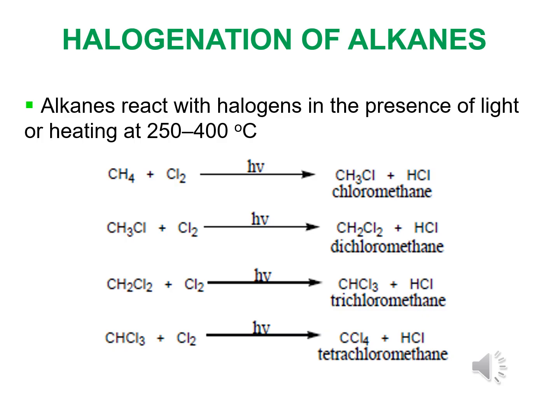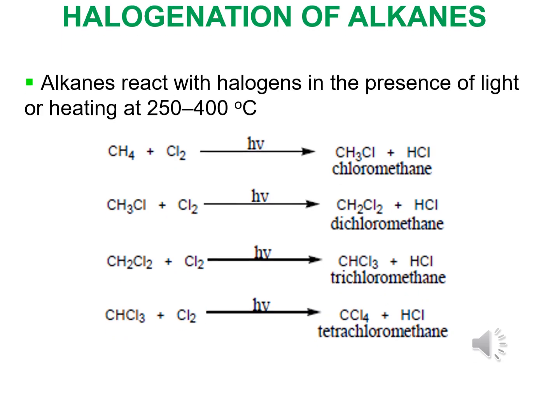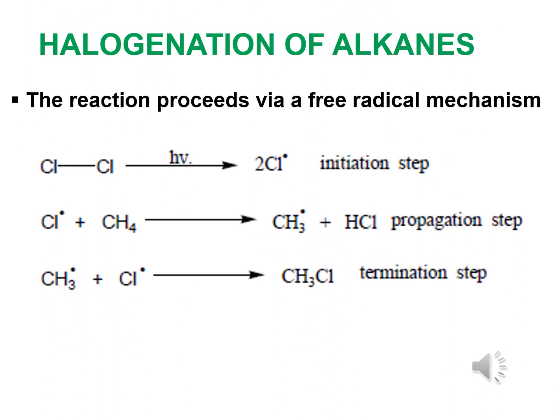It follows 3 steps in mechanism: initiation, propagation and termination. Initiation stage is where these radicals are being generated. Remember, because chlorine molecule are symmetrical in the sense that the electron cloud are symmetrically disposed.